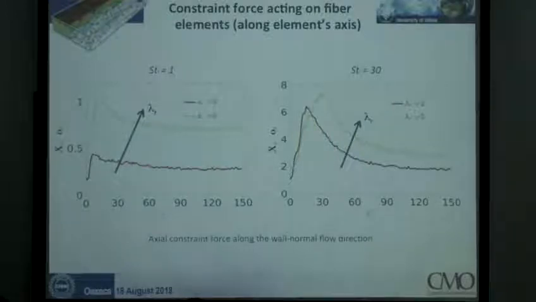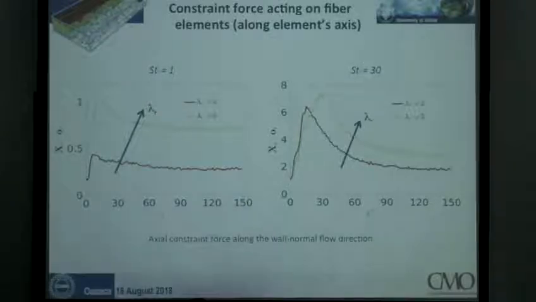So what I'm showing here are the constraint forces that are acting within each fiber. These two plots show these constraint forces as measured along the axis of each element for the fibers with smaller inertia in our flow and for the fibers with higher inertia in the flow.